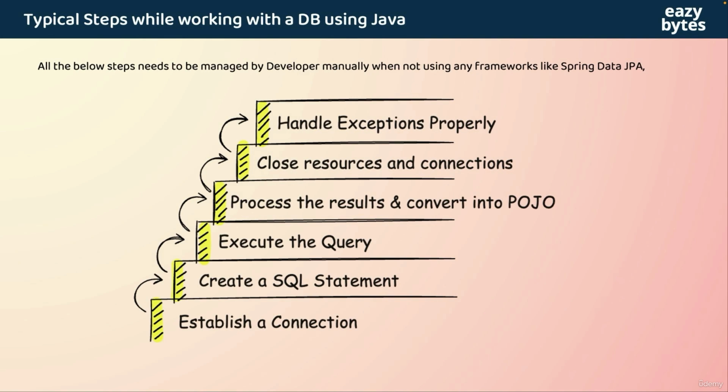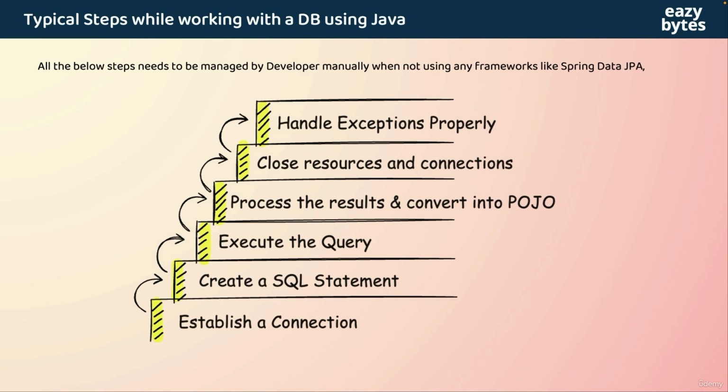That's why developers used to write a lot of code to process the results. When I say process the results, they iterate or loop through all the results returned by the database, and each record present inside the results, they convert into a POJO object. Once the results are converted into POJO objects, the other business logic is executed.